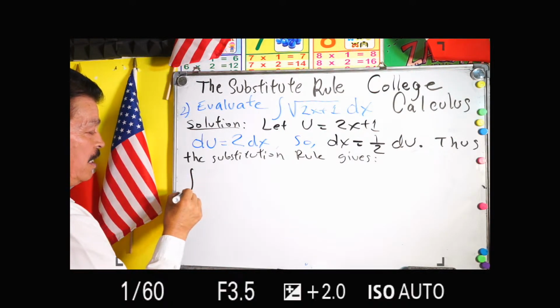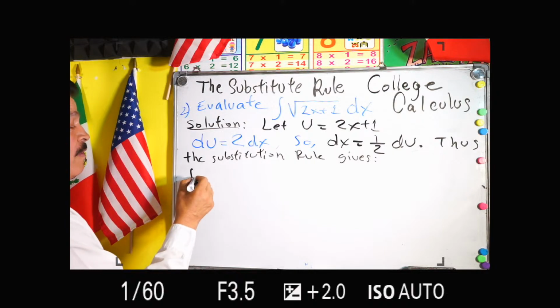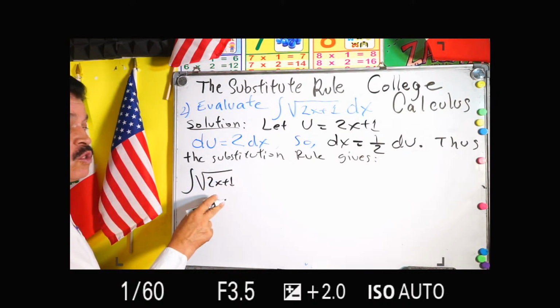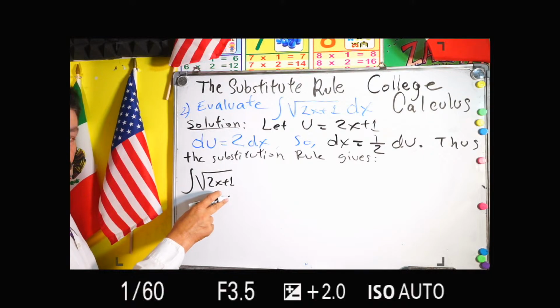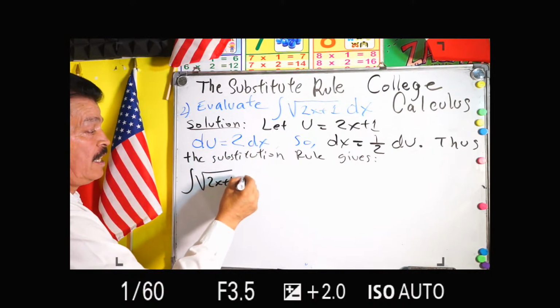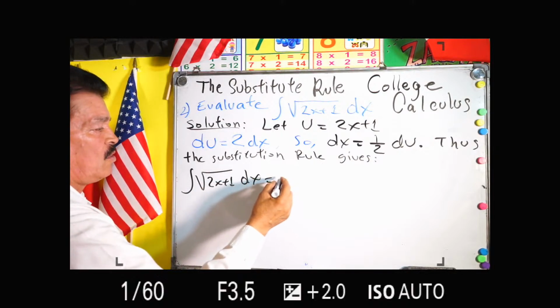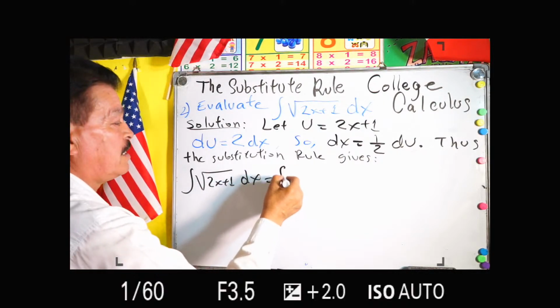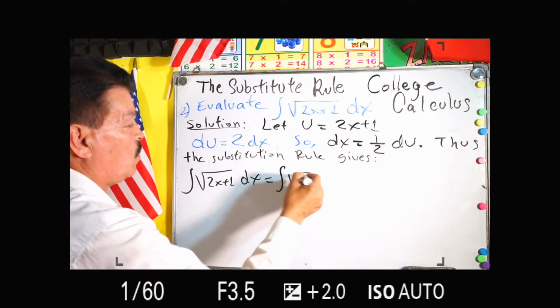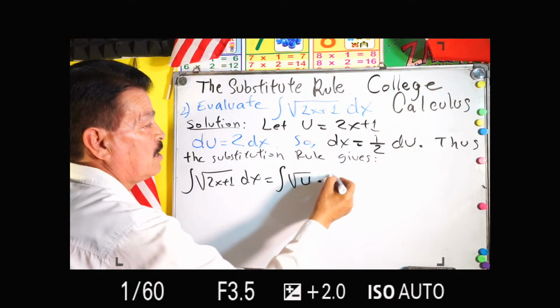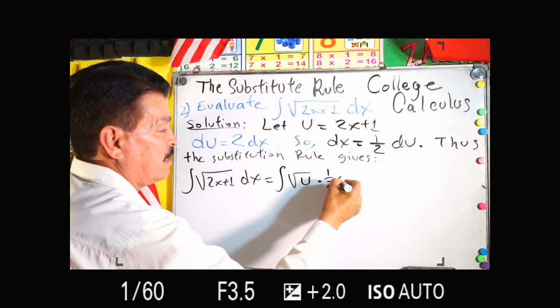So the integral of the square root of 2x plus 1 dx, let's write it completely, equals the integral of square root of u times 1/2 du.